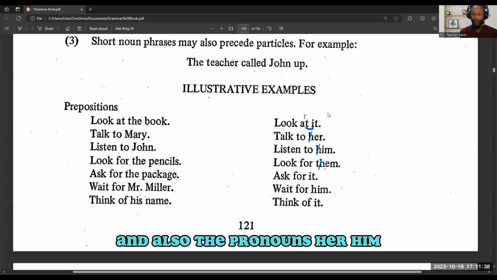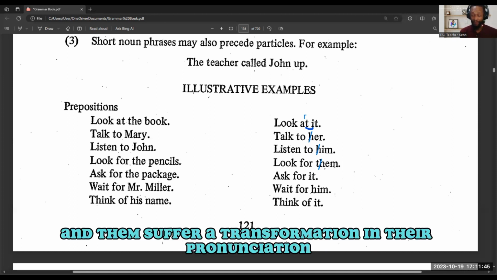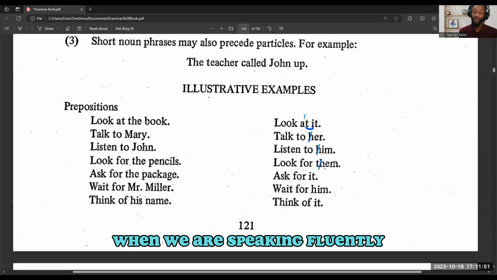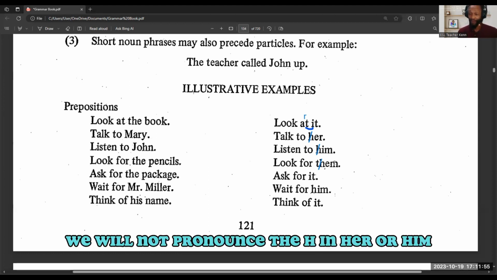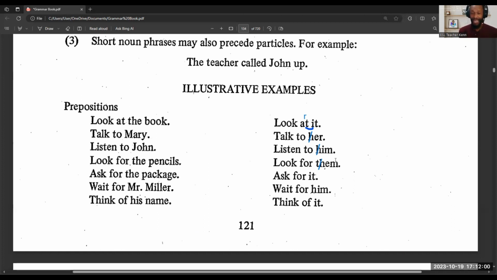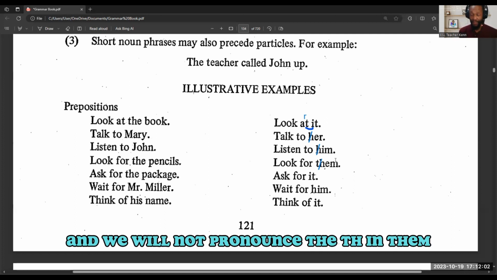And also, the pronouns her, him, and them suffer a transformation in their pronunciation when we are speaking fluently. We will not pronounce the H in her or him, and we will not pronounce the TH in them.